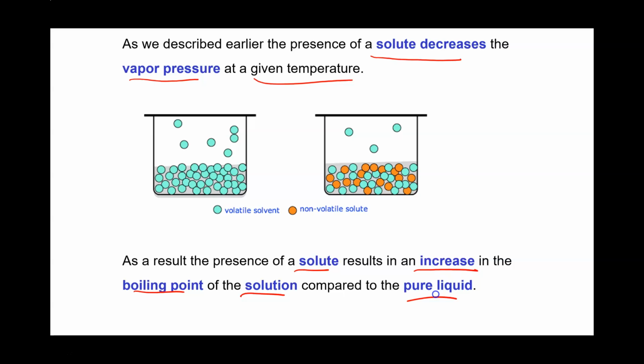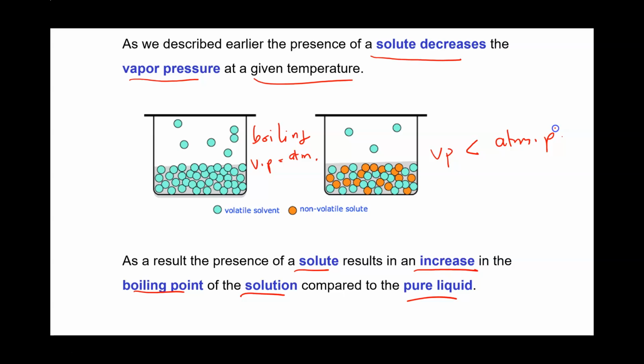So if we had a liquid that was boiling, say this is boiling over here, again, as I said, the vapor pressure will equal the atmospheric pressure. Now, once we've added our solute, the vapor pressure will now be less than the atmospheric pressure.